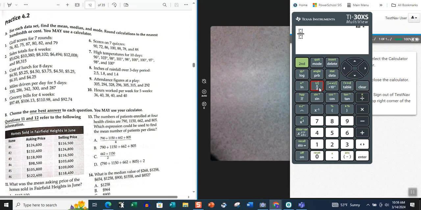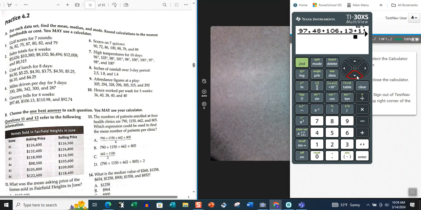So we still do N over D. So we had $97.48 plus $106.13 plus $110.98 plus $92.74.